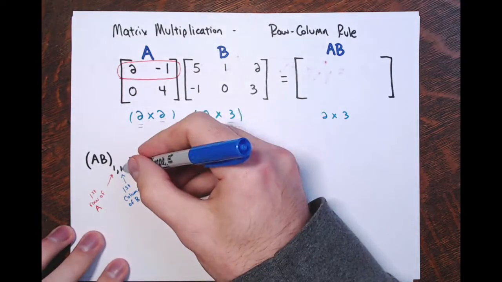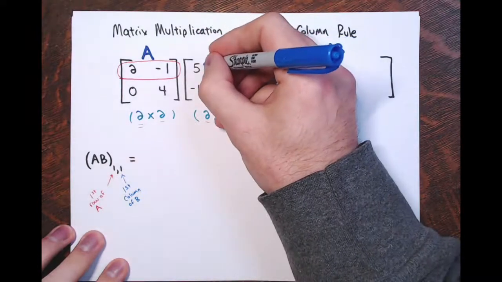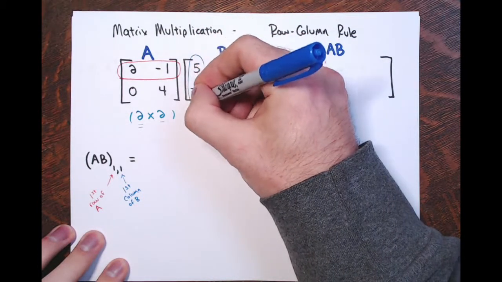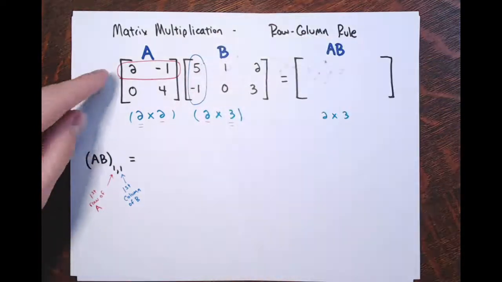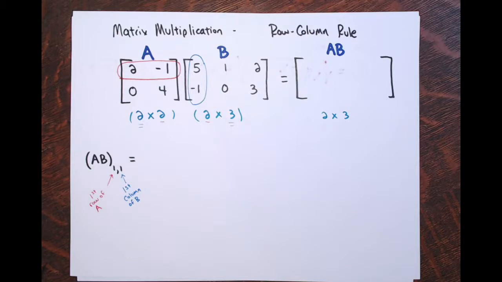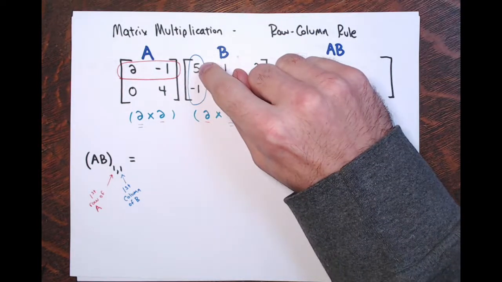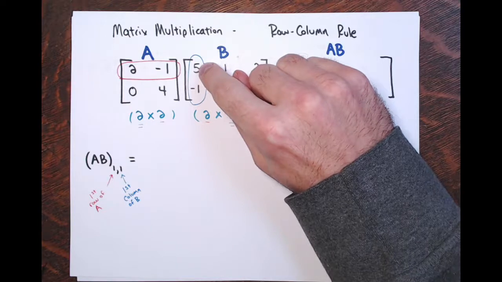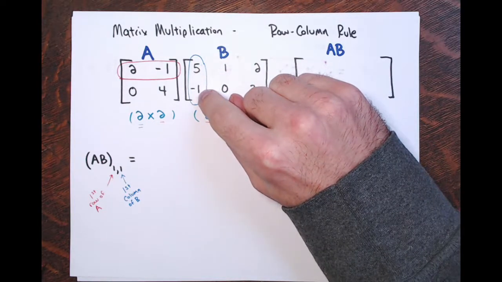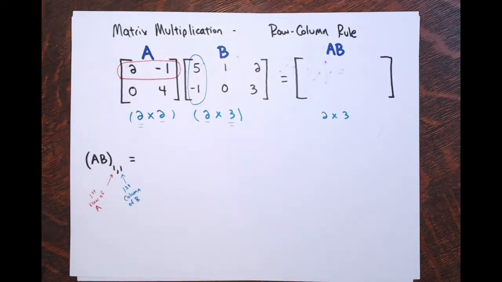I line it up, I correspond it to the first column of B. So it's a row from the left matrix along with a column from the right matrix. And this goes top to bottom. The first entry of this column is 5, the second entry of this column is -1. So you add up the products of corresponding entries.